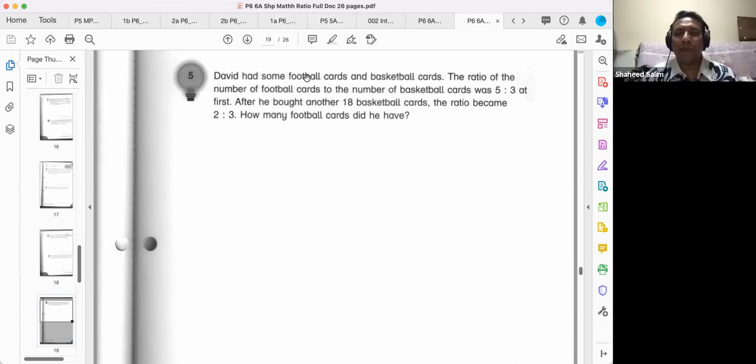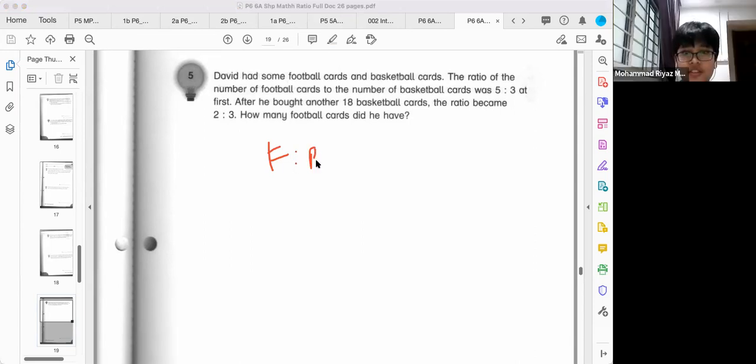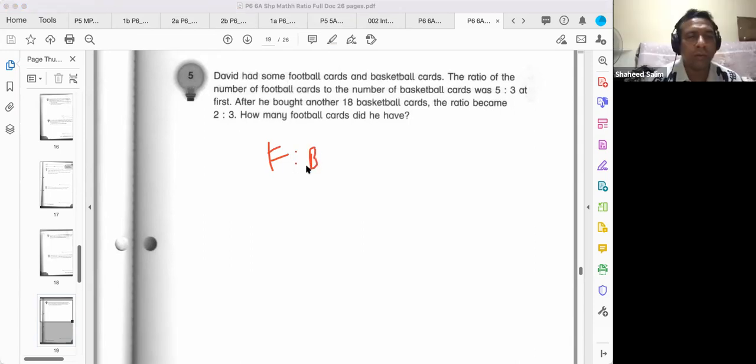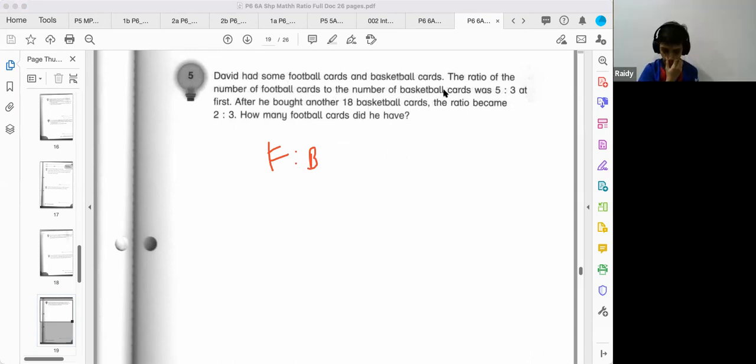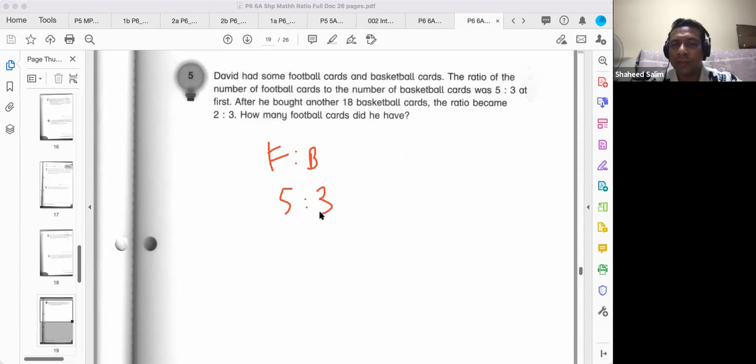Okay, I have to explain to you. I do not know whether you all are too tired. Football cards, already sent the answer. You sent the answer, right? Yeah, 20. Okay, let's see. How many football cards do you have? You said 12? Okay, let's see. The ratio of the number of football cards to basketball cards is 5 to 3 at first. He bought another 18 basketball cards.